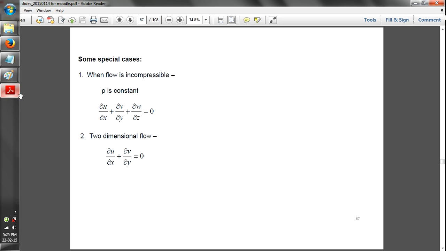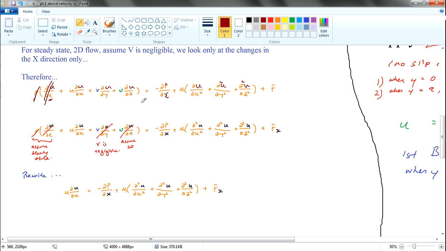Incompressible, rho is constant, and steady state I have shown you just now. And then these are all the components in the x, y and z direction. Since we are talking about only x direction, we deduce so many things. 2D, so I just cancel. We are left with this. And if you were to clear it out a little, you are left with only this term over here, and the rest are kept constant.